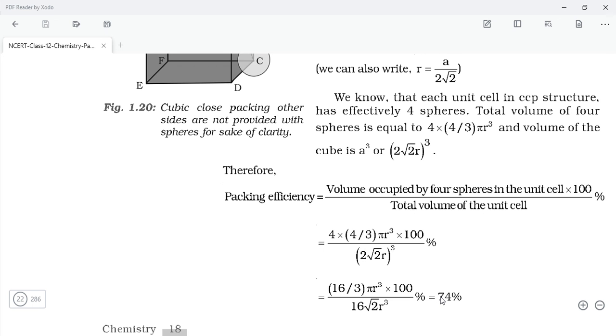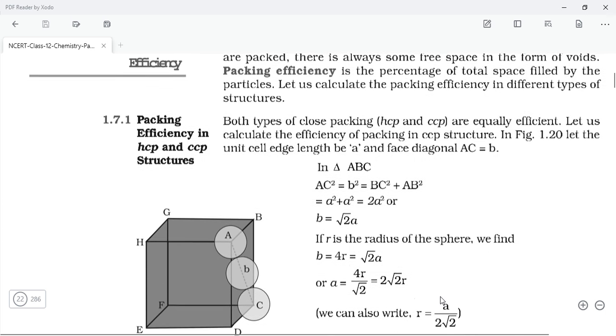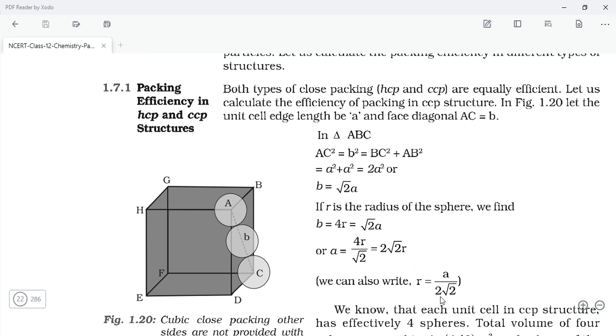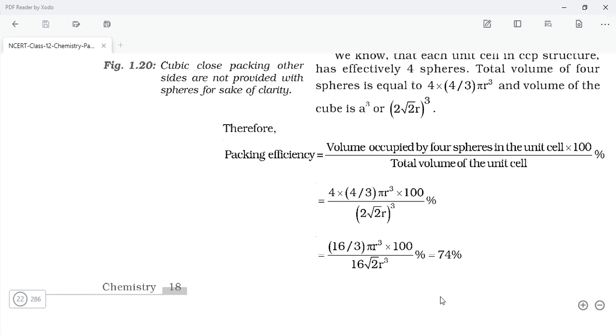They just see and click and move on, and you might just be sitting there for 2-3 minutes wasting your time. 74% for this type. HCP and CCP are equally efficient, and the packing efficiency as calculated is 74%. It's not exact, but it's almost.